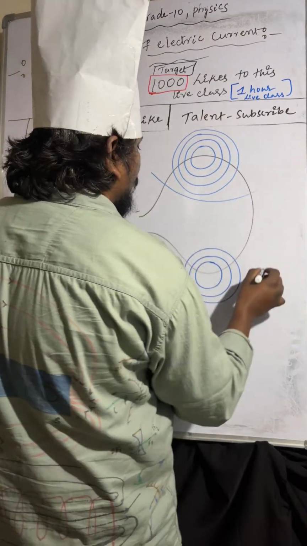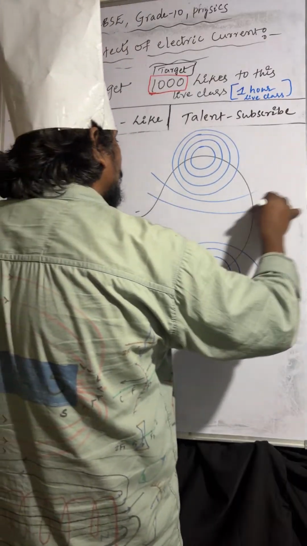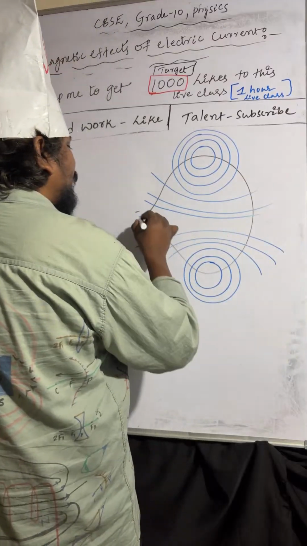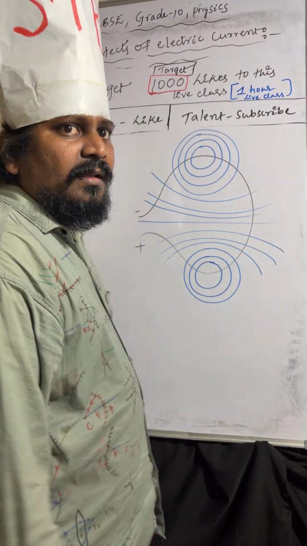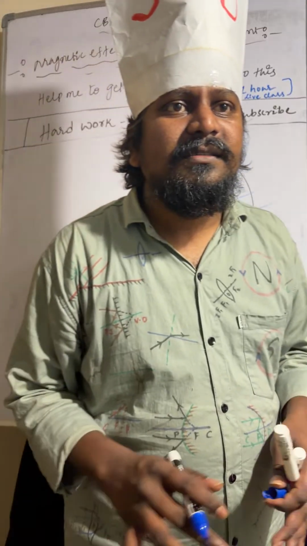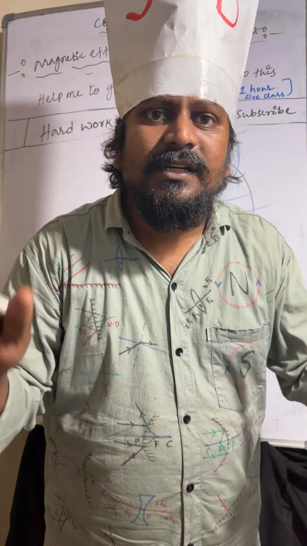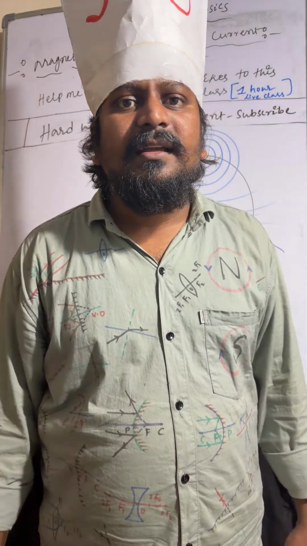At the center, the magnetic field lines are parallel lines.